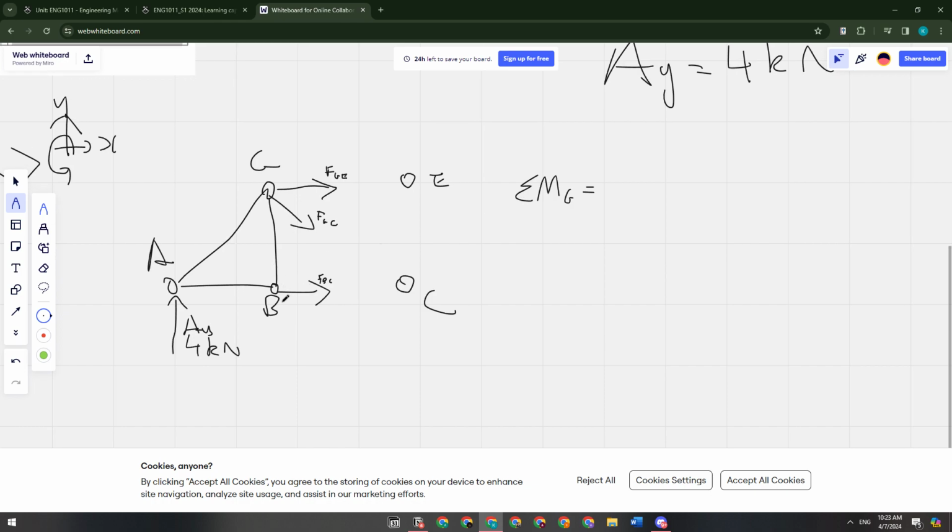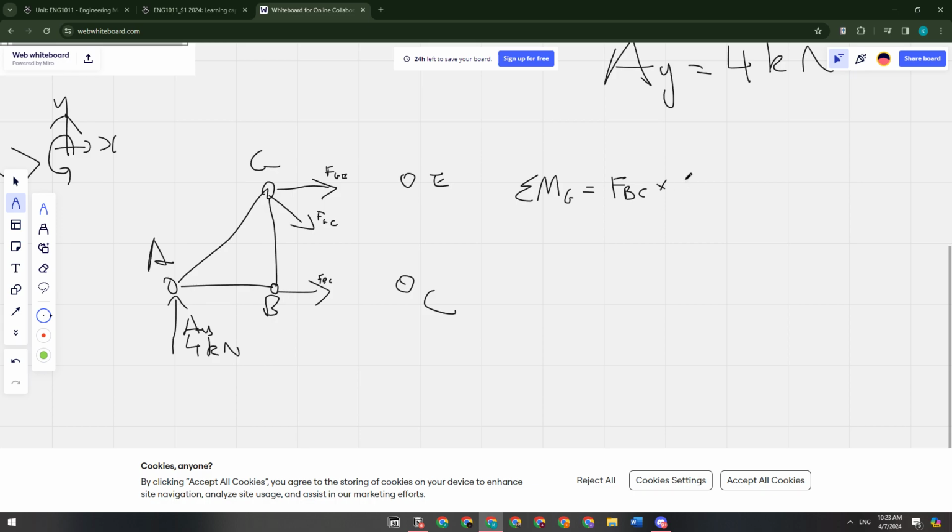So the moment at G equals, we got B, it's going that way. So that would be FBC times 3 meters. I'm pretty sure this is going anti-clockwise in that case.